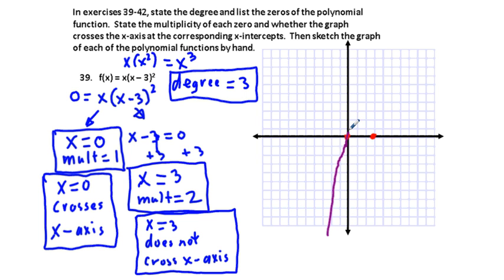Right? That's what it says here. Crosses x-axis. And we're going to come up here, and this other 0 at x equals 3 does not cross the x-axis, so it's going to just hit the x-axis at x equals 3 and kind of bounce and then go up like this. So this is just a general sketch of the function. If we look at this in a calculator, you'll see something very similar to it.